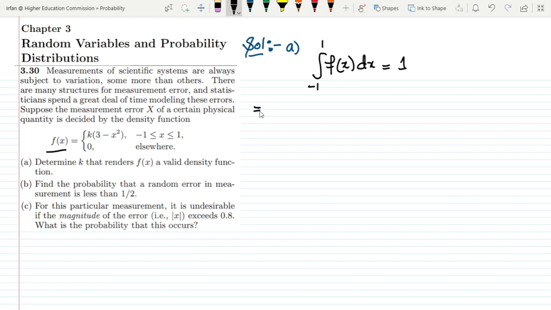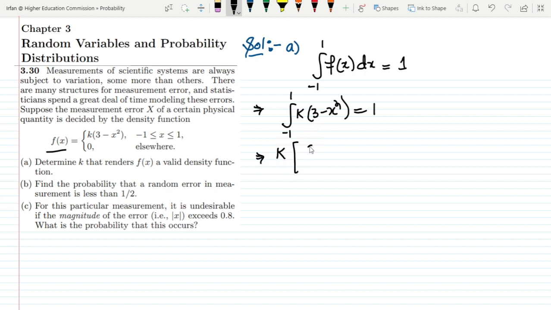So here this would be the integral from -1 to 1 of k(3 - x²) dx, and it should give me 1. Now, this k is constant.